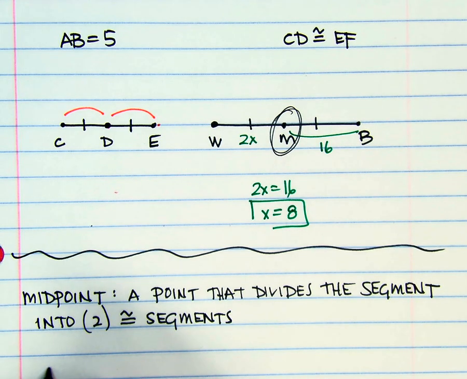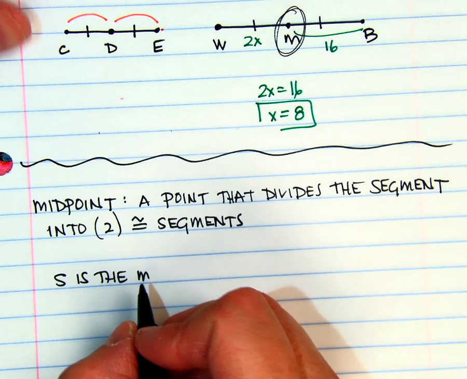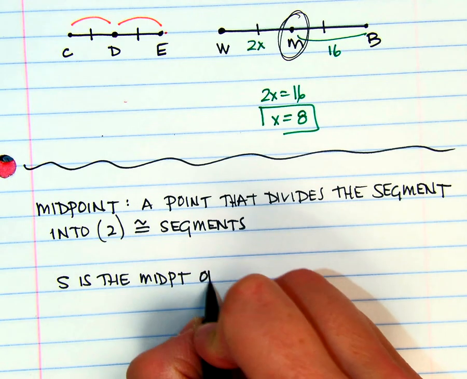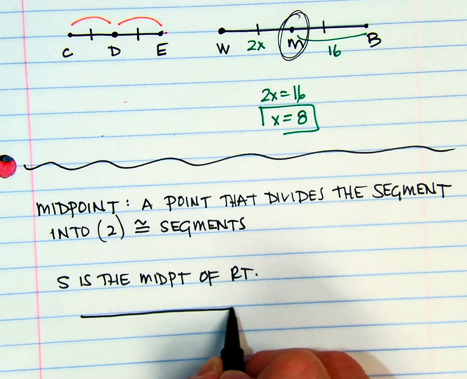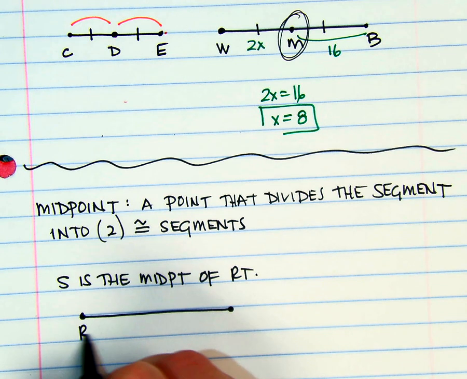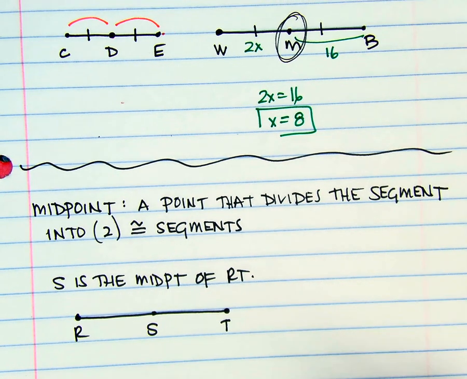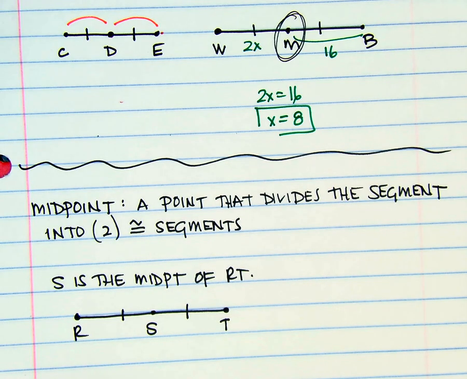So if I know that S is the midpoint of RT, I'm going to draw a diagram to go with that. If S is the midpoint, I already know that these two segments have to be congruent.